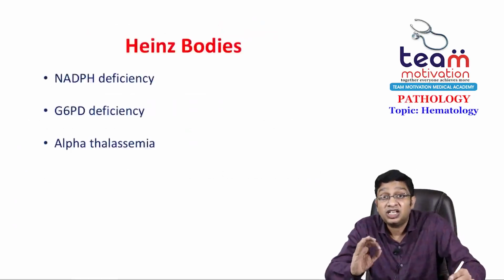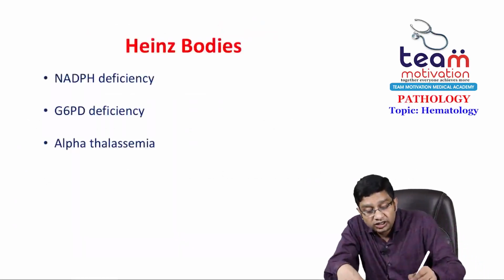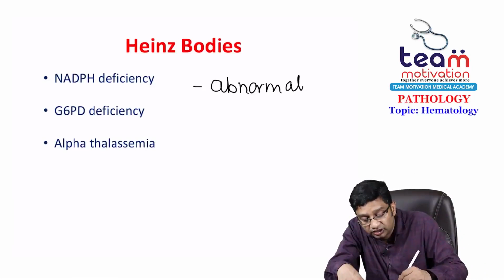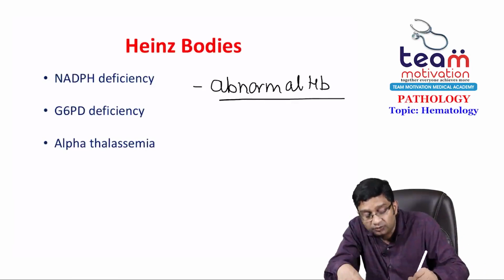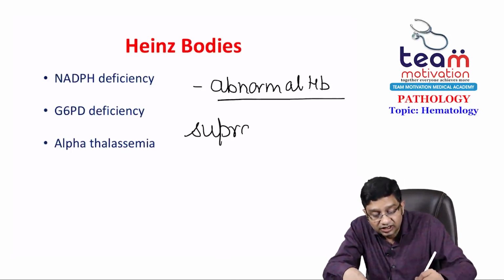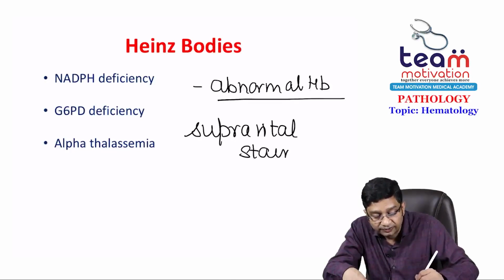Then we talk about the Heinz bodies. These Heinz bodies are formed of abnormal hemoglobin, and the second point you need to remember is that they are stained by supravital stains. Where are Heinz bodies seen?